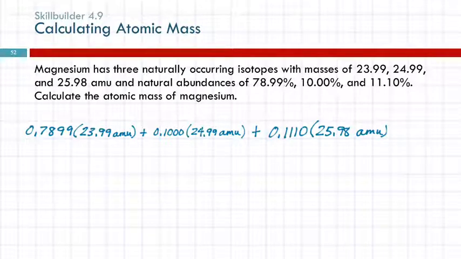So then we need our calculators. So 0.7899 times 23.99, the screen's too small, plus 0.1000 times 24.99 plus 0.1110 times 25.98 equals.